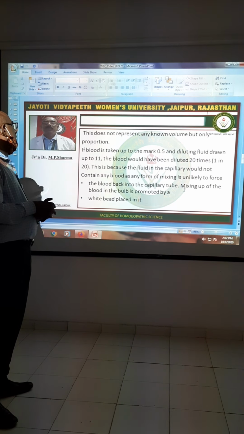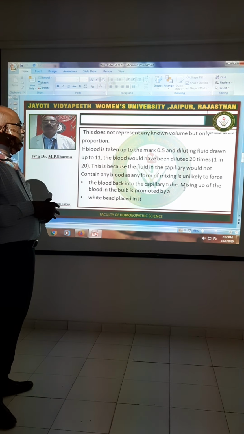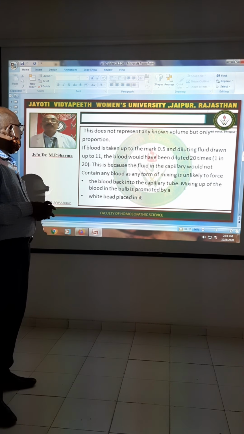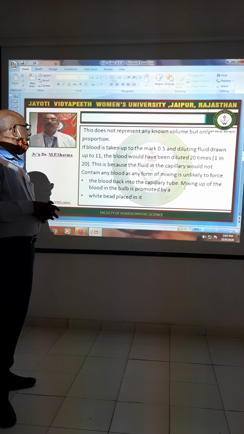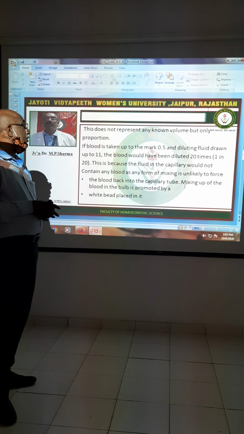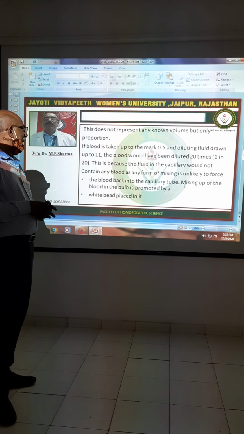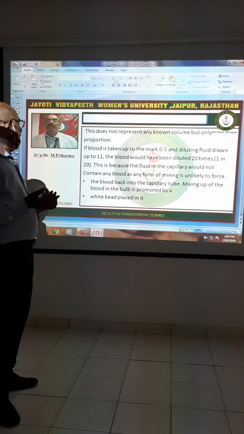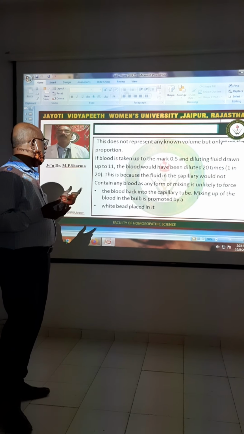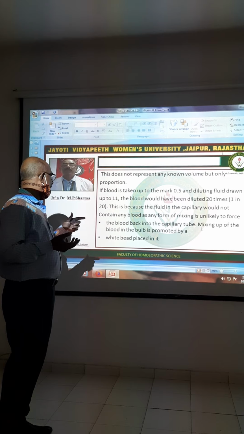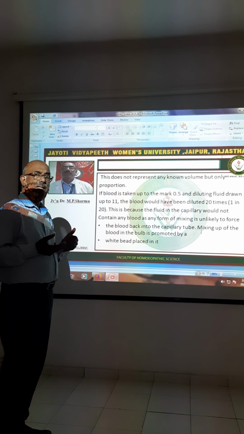This is because the fluid in the capillary would not contain any blood, and any mixing is unlikely to force the blood back into the capillary tube, and the mixing of the blood in the bulb is promoted by a white bead placed in it.